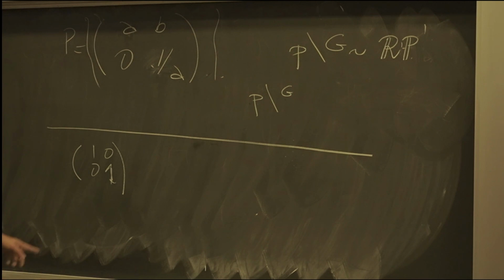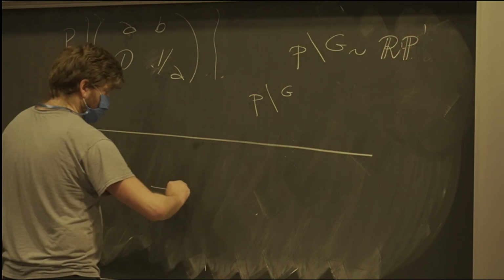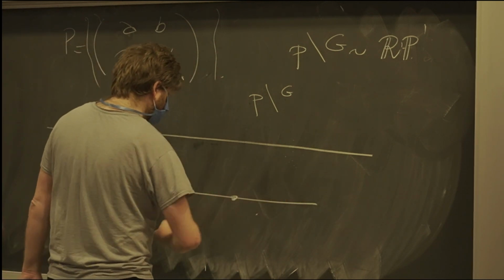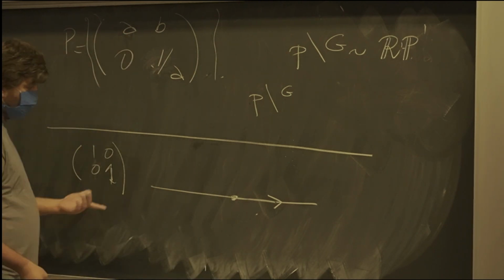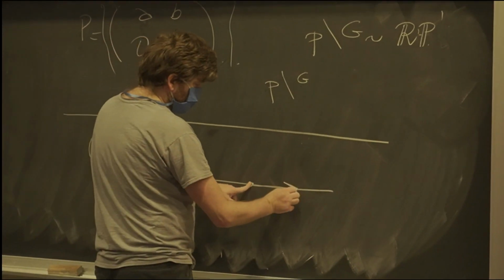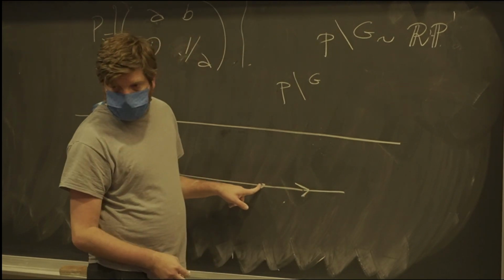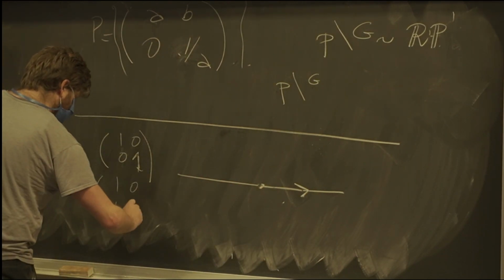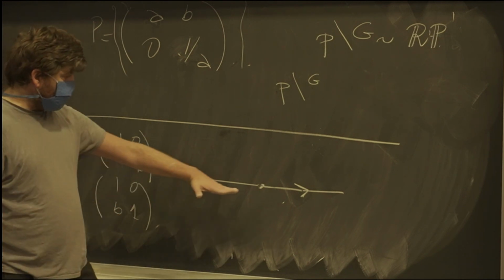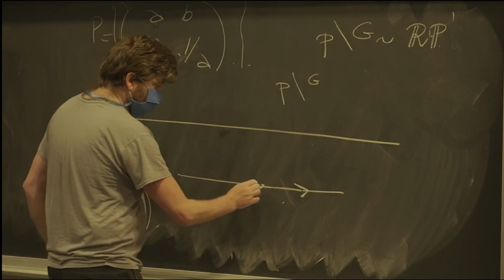I have this guy, which I identified with the horizontal line. Then I have all these other guys, which I identified with a 1B element.